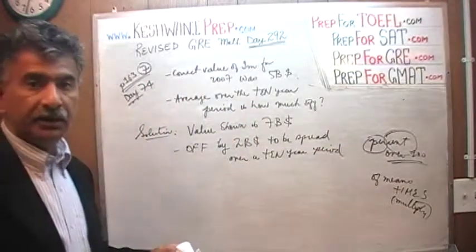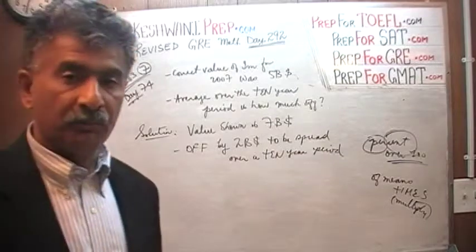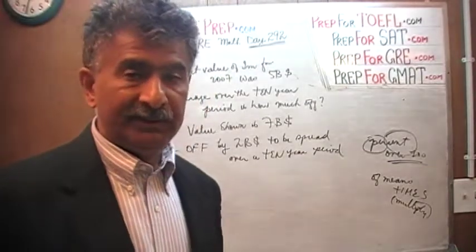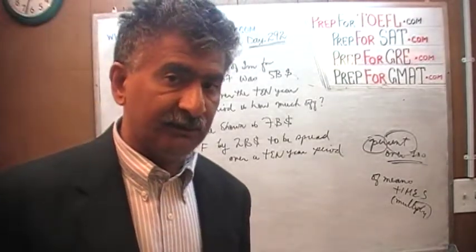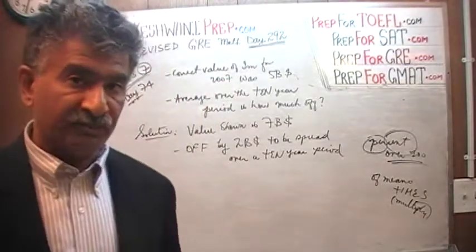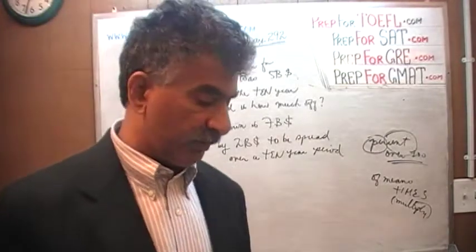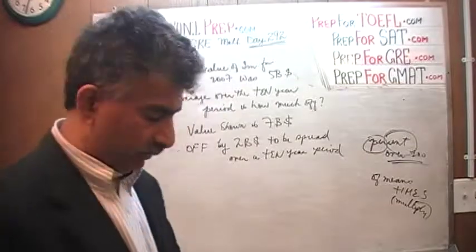It should have been 5 billion, but the graph shows us that it's 7 billion. So that extra 2 billion that we are off by has to be spread over a 10-year period, because that's the period we're talking about.